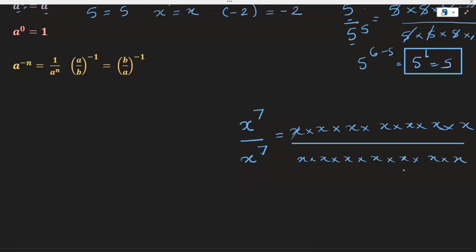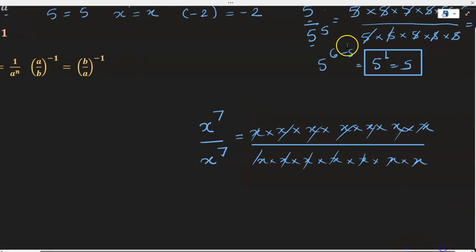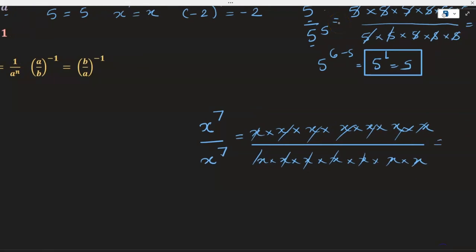You can cancel these, and if you cancel everything, you are left with 1. So this is nothing but equal to 1.